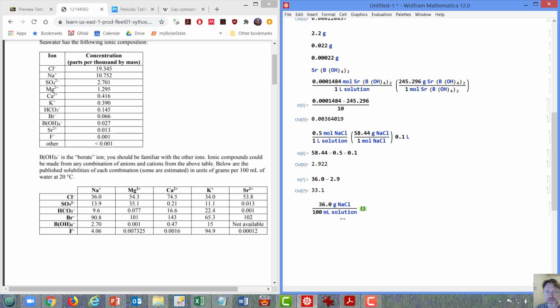We now are trying to get this in molarity, so we need to have 1 liter of solution. Okay, so our denominator is good now. We now need to use the same sodium chloride conversion factor we had up here. And that will give us, except it's upside down, isn't it? So let me swap those.